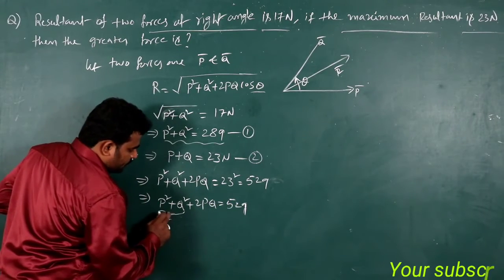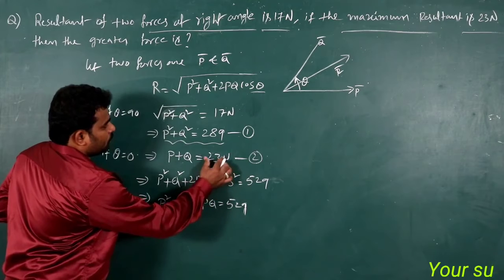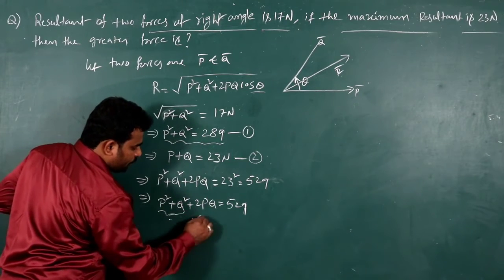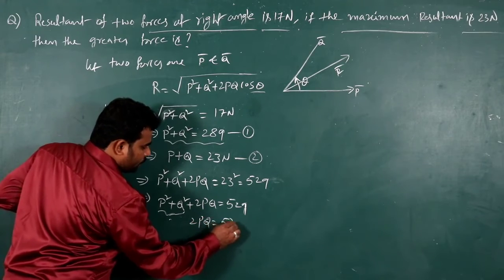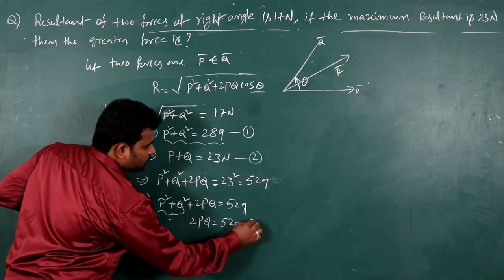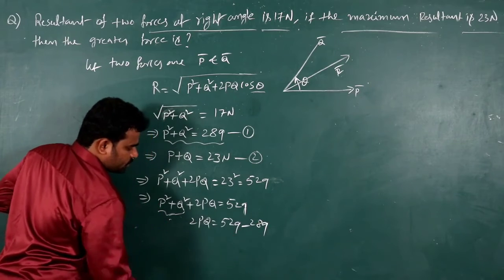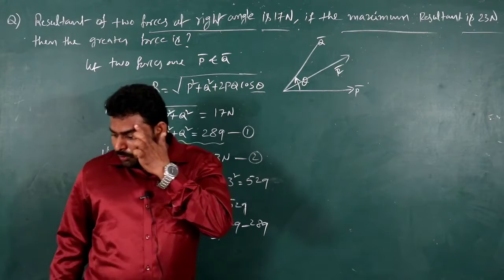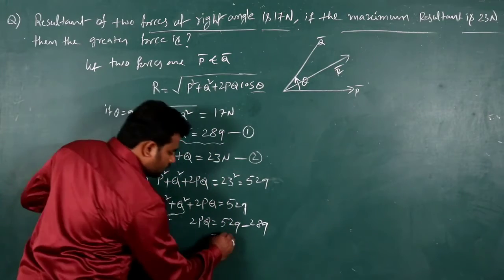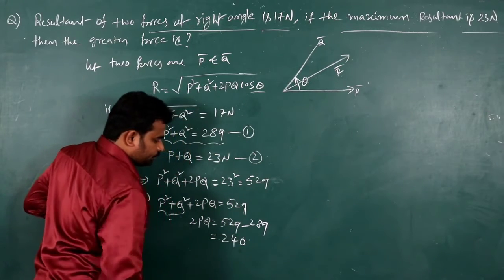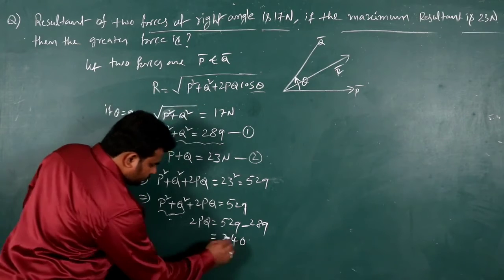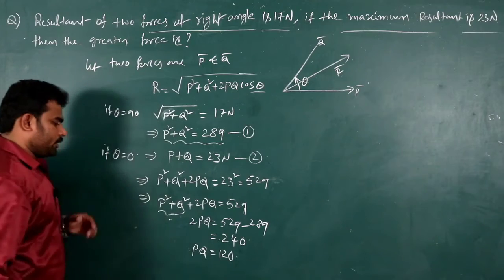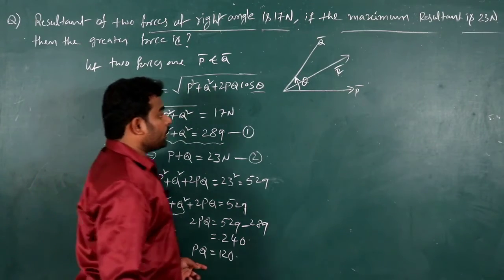By substituting 289 instead of P square plus Q square, we'll get 2PQ is equal to 529 minus 289. So 529 minus 289 is equal to 240, right? From this, PQ is equal to 120.